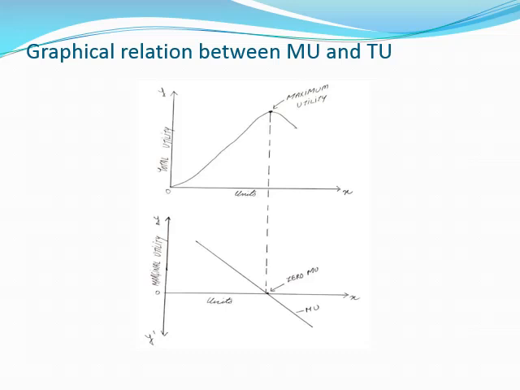The nature of the curve of marginal utility is sloping down, a negative curve of course. So this line connects the maximum of total utility on the first curve to the second curve, correlating these two points, maximum utility and 0 marginal utility.